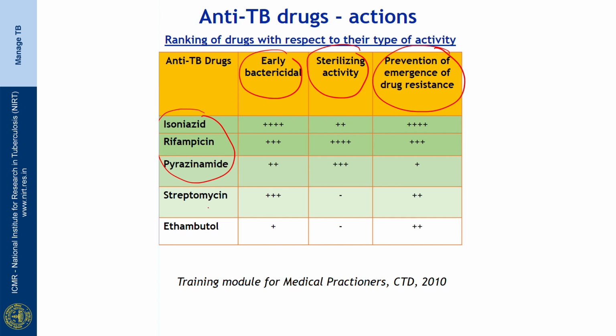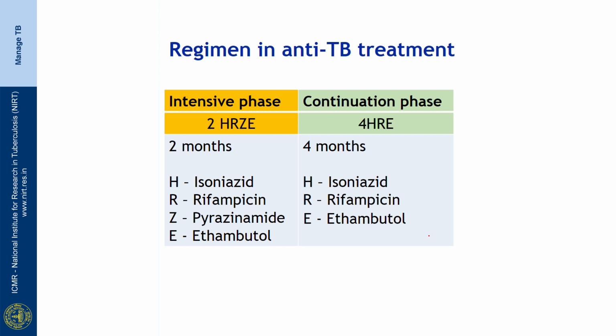To a certain extent, streptomycin is useful in early bactericidal activity. So, it is given for 15 days or 1 month in the beginning of the treatment, and ethambutol helps in reducing the emergence of drug resistance. So, based on all these activities, we design treatment regimens. What is a regimen?